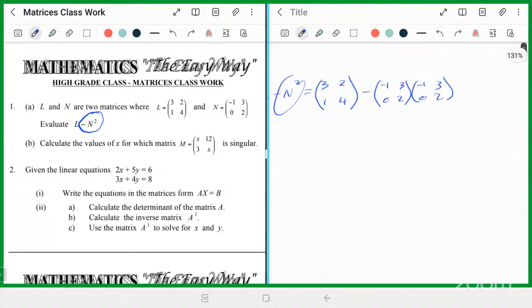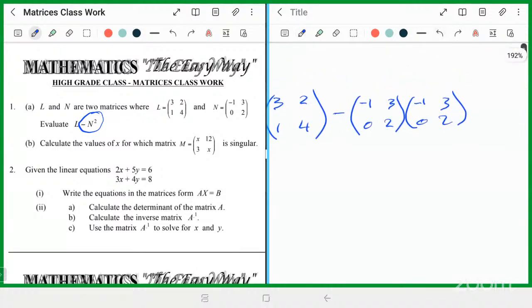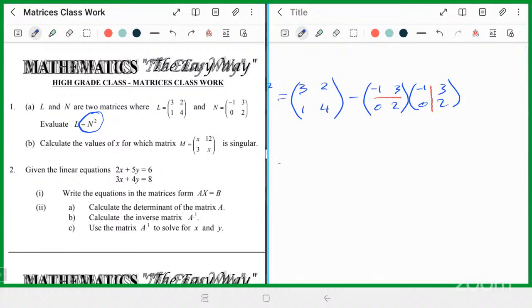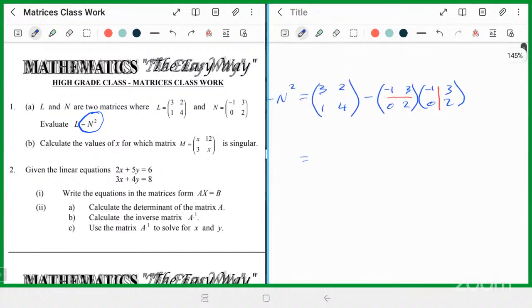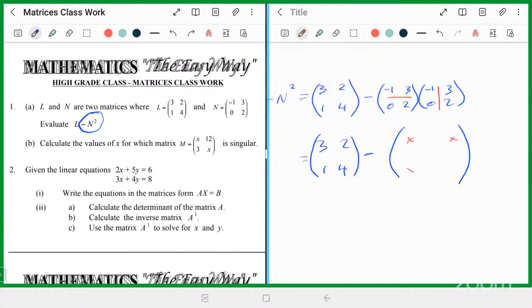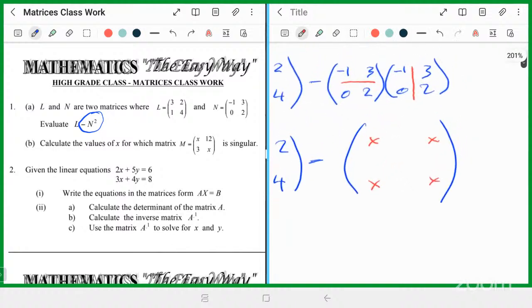Remember, when you multiply matrices, you multiply the rows of the first matrix by the columns of the second matrix. So I'm going to write back the next line: the L matrix, 3, 2, 1, 4, minus the product, which will be a 2 by 2 matrix with 4 values. Let's zoom in on this multiplication now.